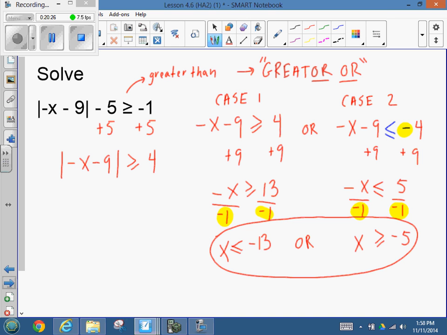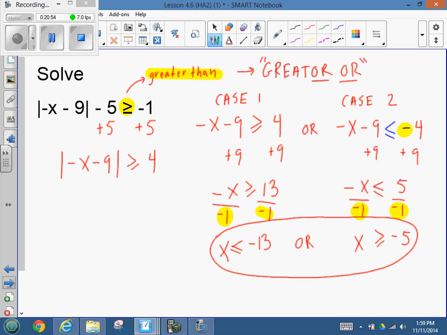For instance, negative 10 will not work in this particular absolute value inequality. You will get a statement that is not true. If you pick any x in these ranges and plug it into the original absolute value inequality, the inequality should hold true. Once again, this was a greater than problem.